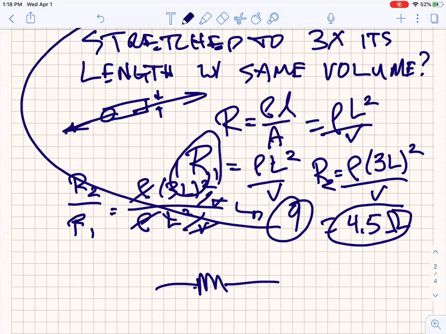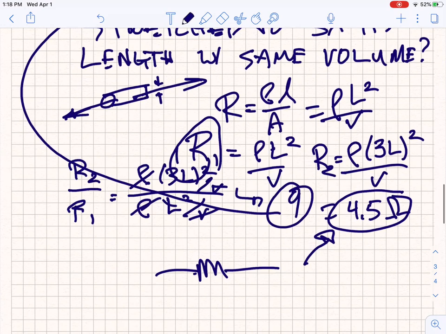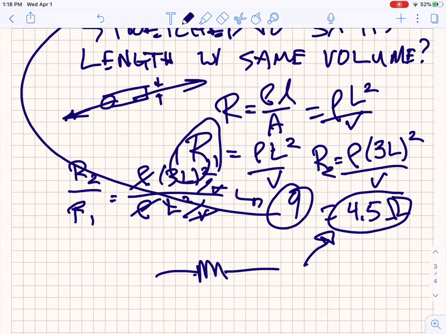If I want a very specific type of resistor with a certain amount of ohms, like 4.5 ohms, I can take that length of wire, and it's based upon that resistivity, and then manipulate that wire to a certain length and cross-sectional area so that you end up with a certain resistance based upon that wire.